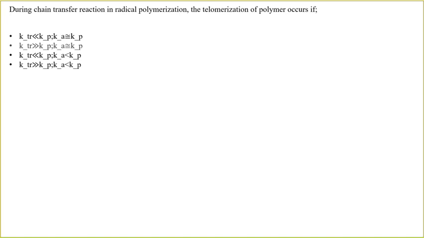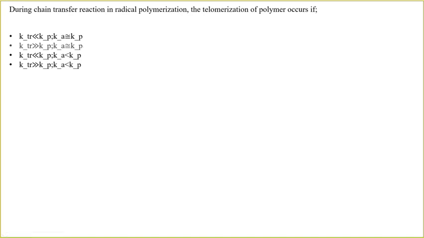So this happens when the transfer rate is much higher than the propagating rate, and you can see right here option number B is the correct answer, where KTR, that is the transfer reaction rate, is much higher than the propagation. And we have here Ka is equivalent to Kp, that is the propagation.